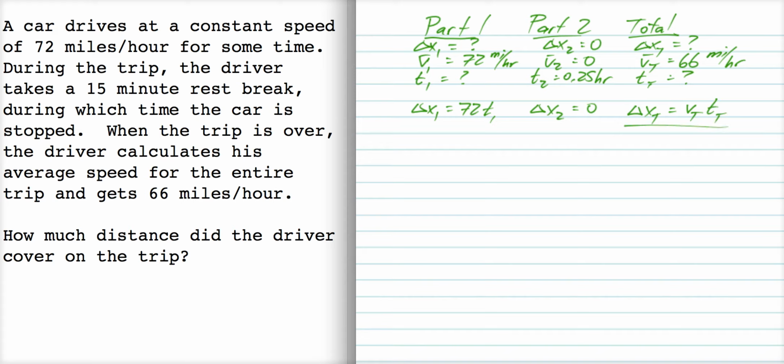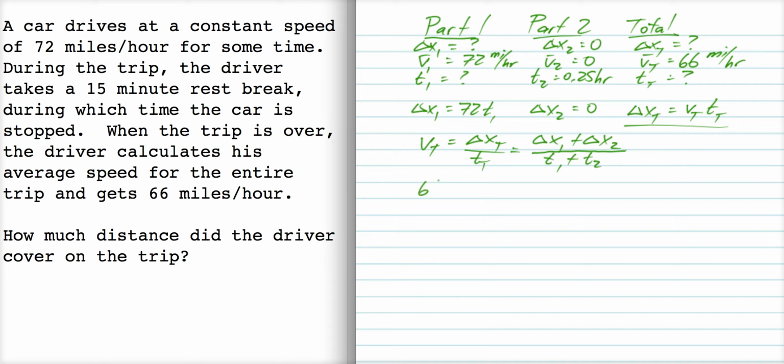But I'm going to take advantage of this equation. I'm going to rewrite it as v total is equal to delta x total over t total, which is the sum of the two displacements. Okay, so this little trick is going to enable me to solve the problem, because I know what v total is.